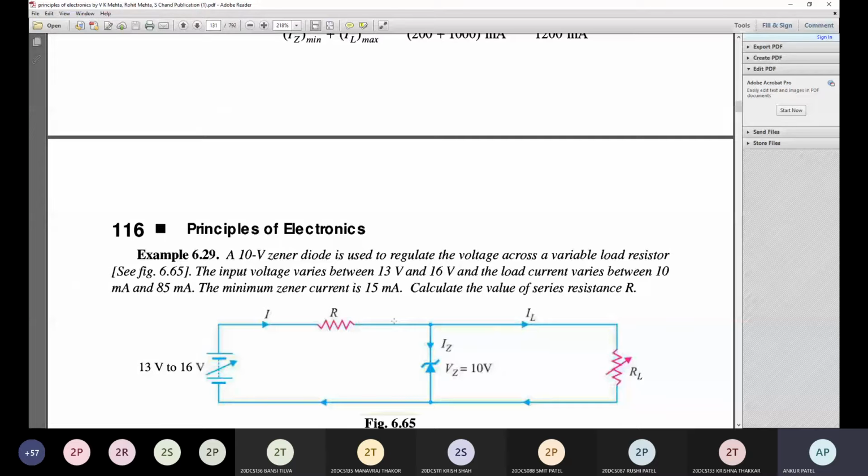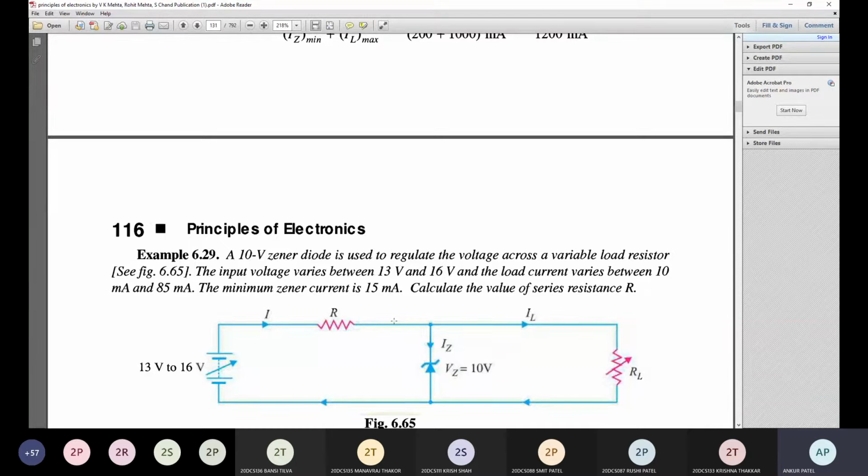You have already seen the equation for R. Calculate this series resistance R. If you have written the equation, then we will get the answer in one step.